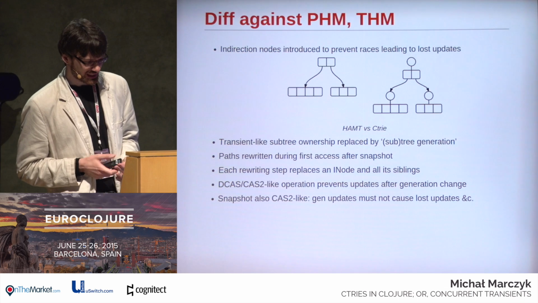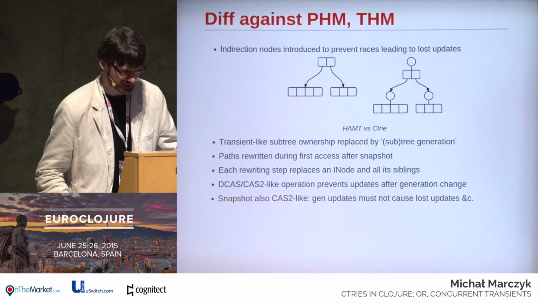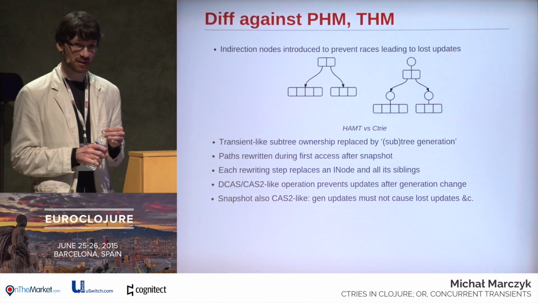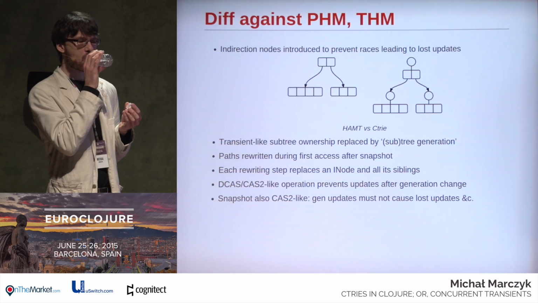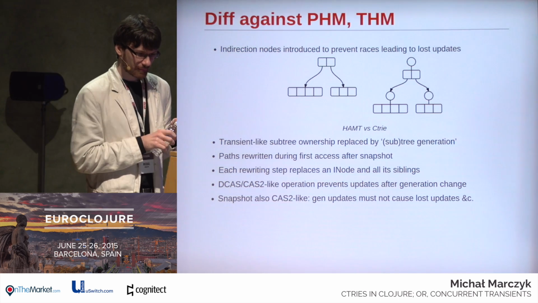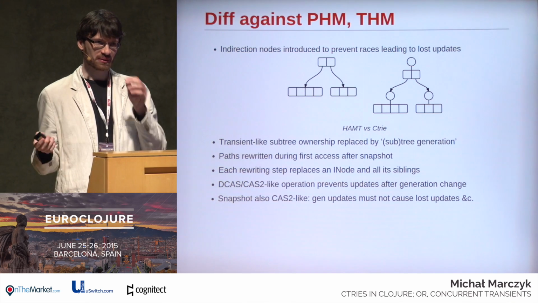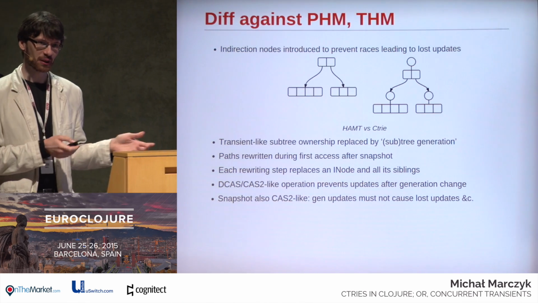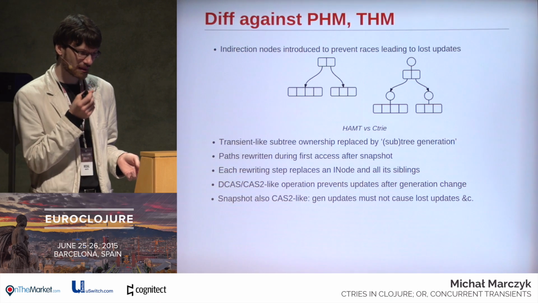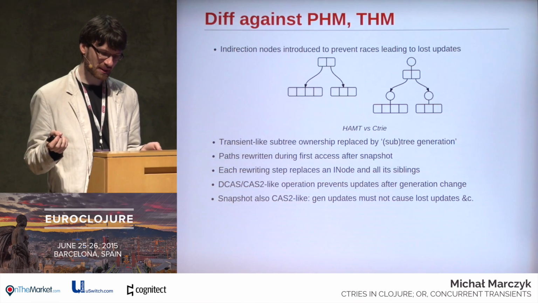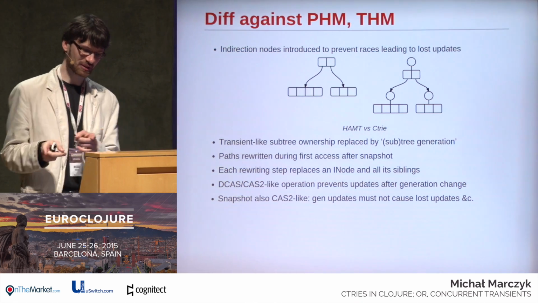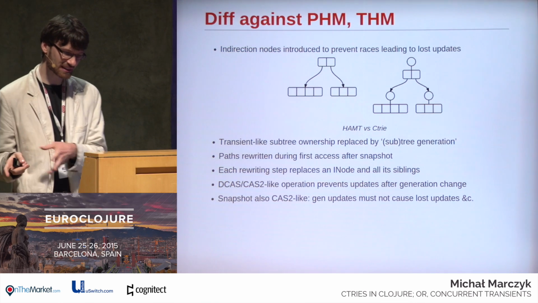Now, as I said, C-tries are in some important ways very similar to transients. They also track subtree ownership, but they track it in a different way, which we'll have a look at in a second.